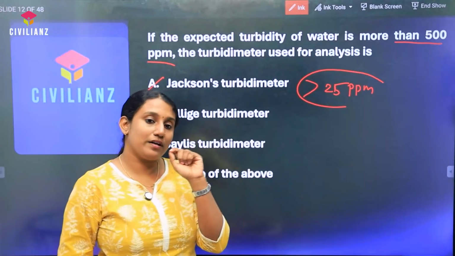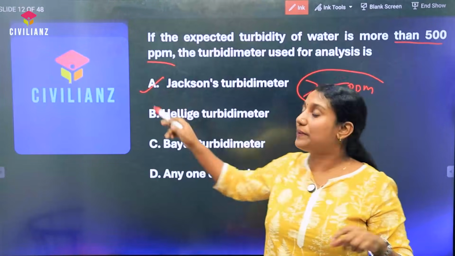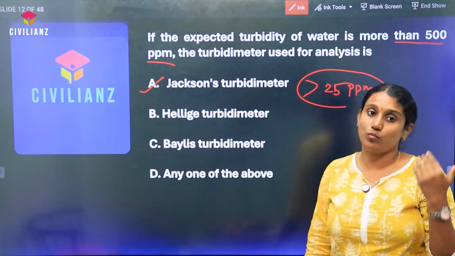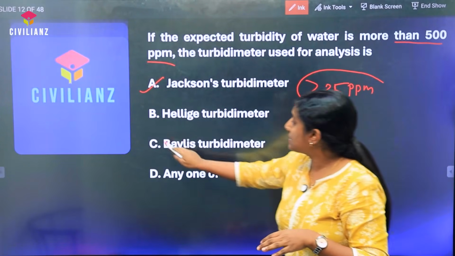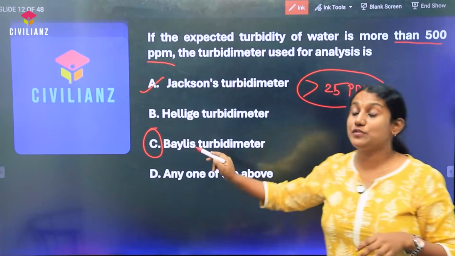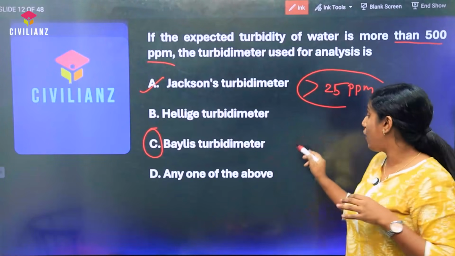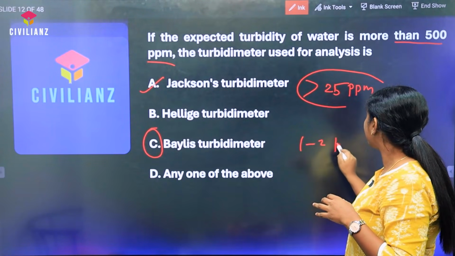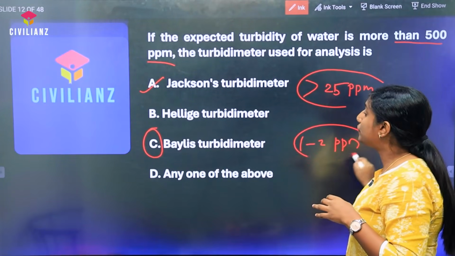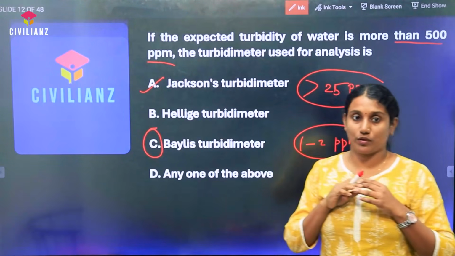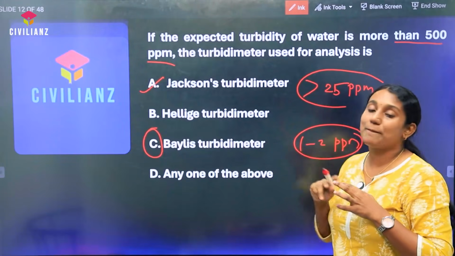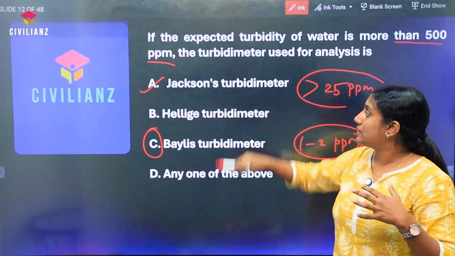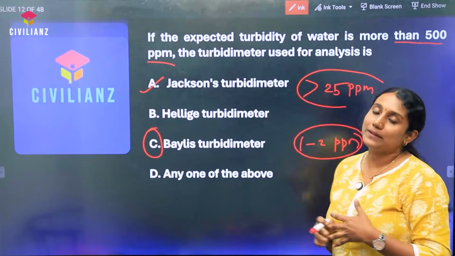Just write this point. The Jackson turbidity meter is used in high turbid water, and the Bayes turbidity meter is used in low turbidity water. Actually, for 1 to 2 ppm turbid water we can use the Bayes turbidity meter. These 2 points are the major points in the turbidity meter area.